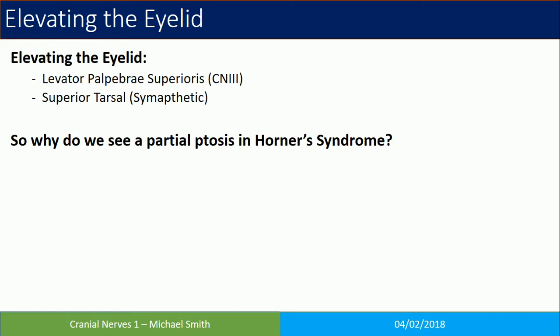So when we have a patient with Horner's syndrome, which is loss of their sympathetic nervous supply, they have a partial ptosis. This is because you have loss of the supply to superior tarsal, and that means that the eyelid will droop down slightly, but not all the way, because you still have the levator palpebrae superioris keeping it up.